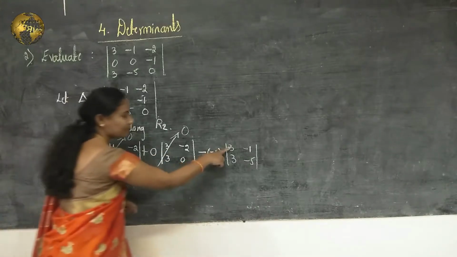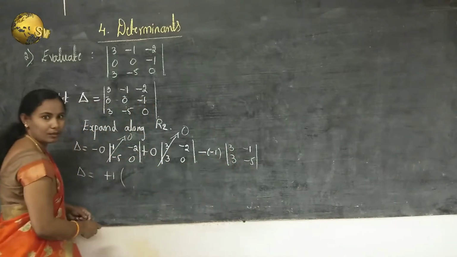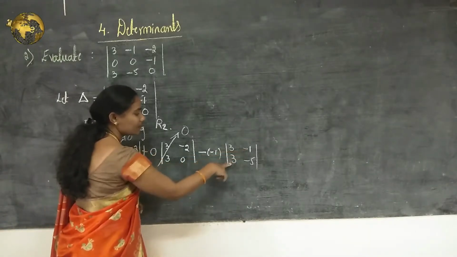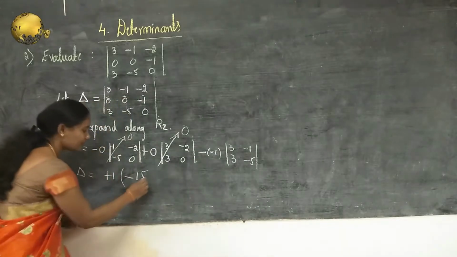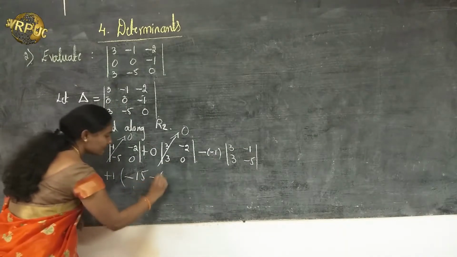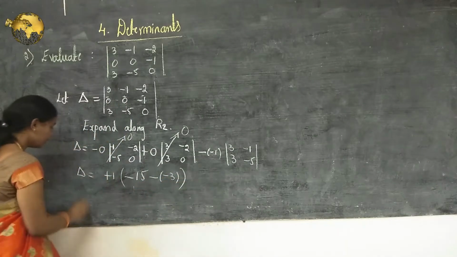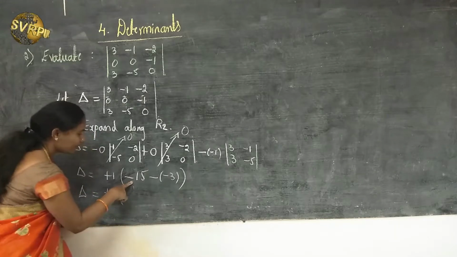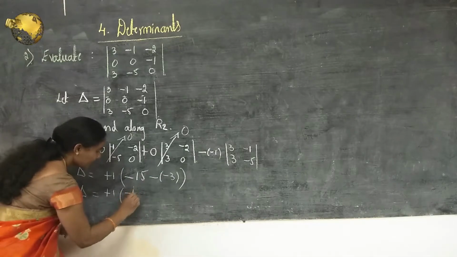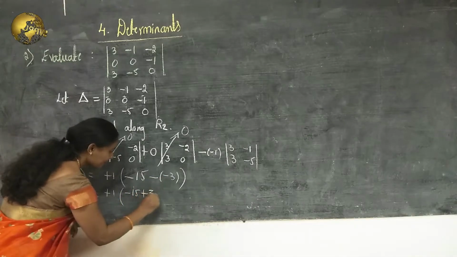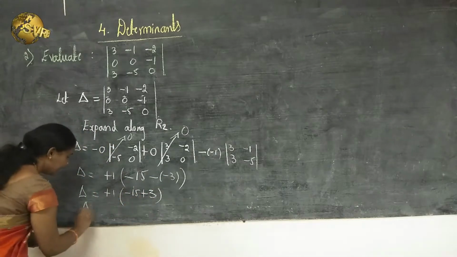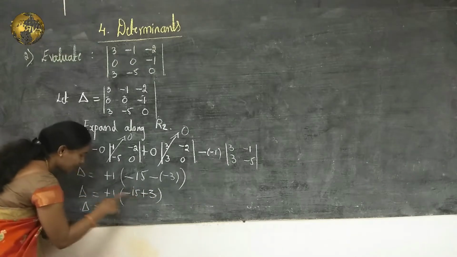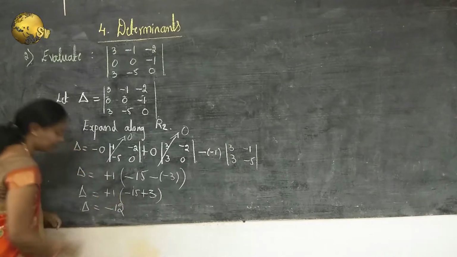And then I'll expand this, minus 5 into 3, minus 15. And here 3 into minus 1 is minus 3, but here minus into minus 3. So delta is equal to plus 1 into minus 15 plus 3. So delta is equal to minus 15 plus 3 is minus 12, minus 12 into 1, minus 12.